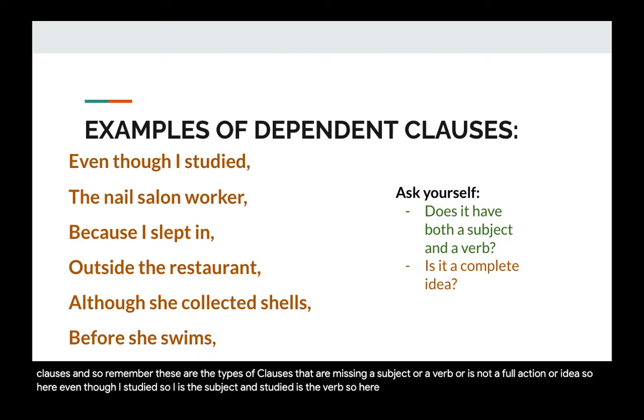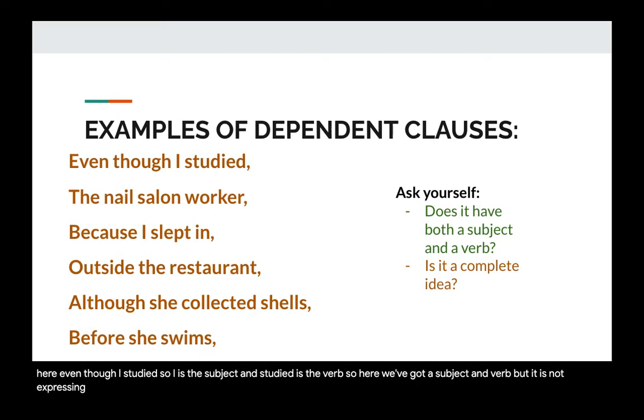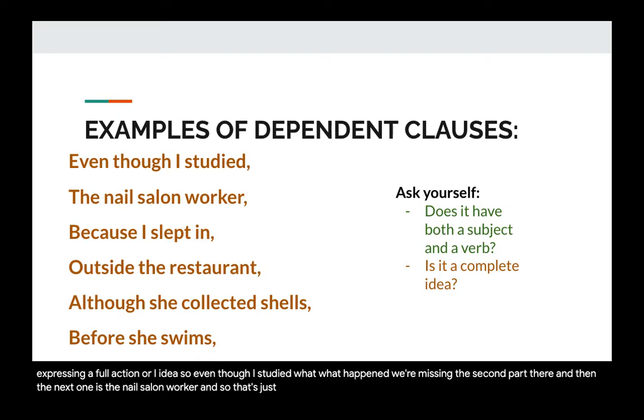So here we've got a subject and verb, but it is not expressing a full action or idea. So even though I studied, what? What happened? We're missing the second part there. And then the next one is the nail salon worker. And so that's just a person. That couldn't be a full sentence. It's missing a verb.